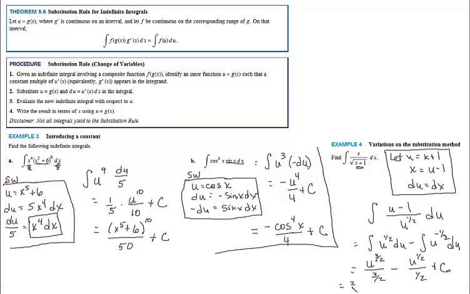This is 2/3, and u is x plus 1, so square root of x plus 1 quantity cubed, I'm just doing it to the 3/2 in that fashion, minus, flipping that 1/2, that's a 2, square root of x plus 1 plus c.